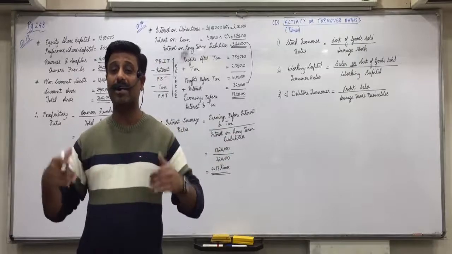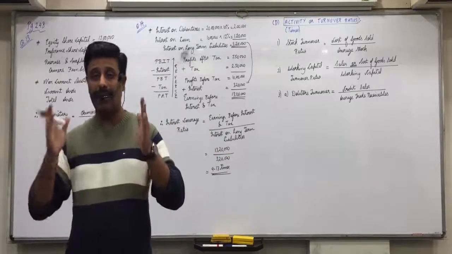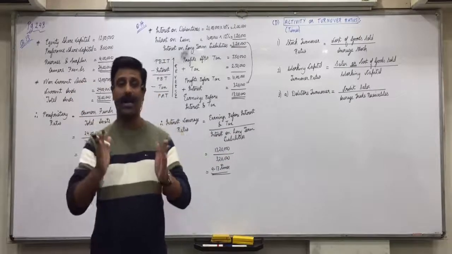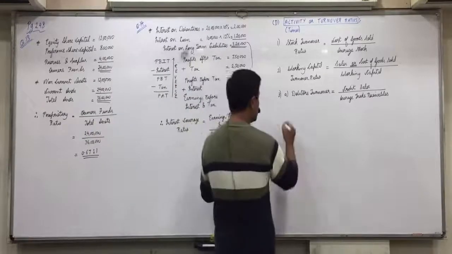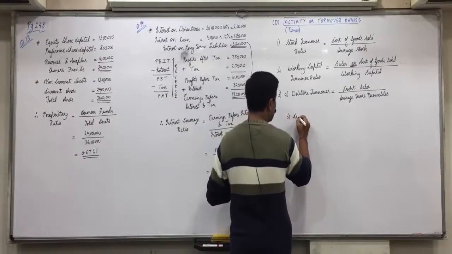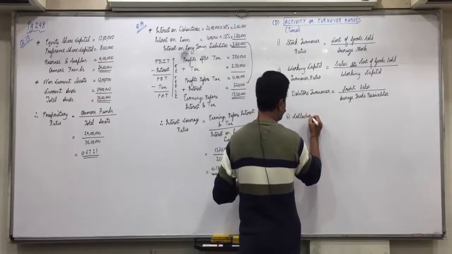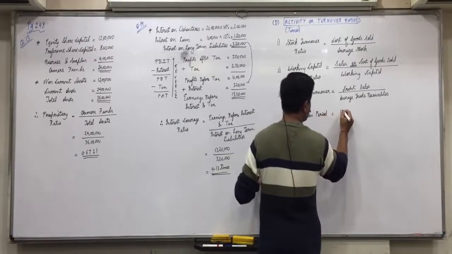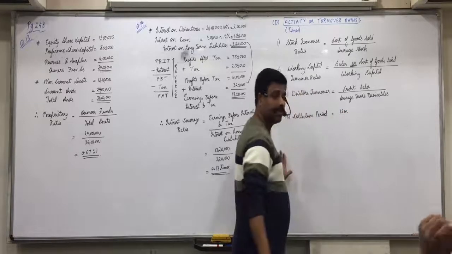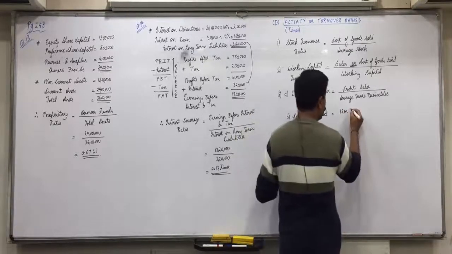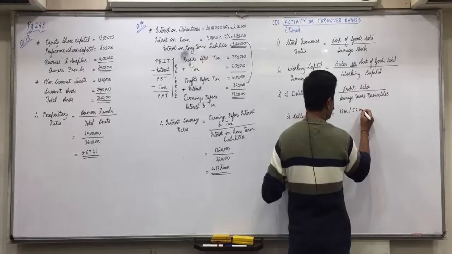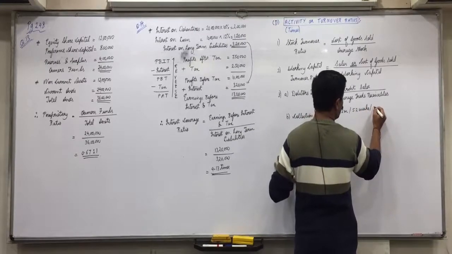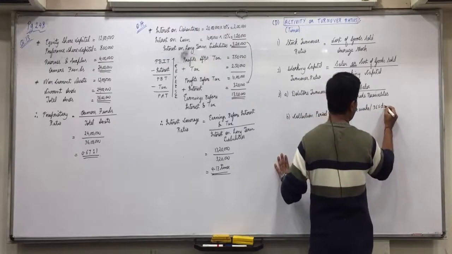What is of our interest? Collection period. Are we able to recover the money in time or not? So 3B. How do we find this collection period? If you want to find it in months, then 12 months. If you want to find it in weeks, then 52 weeks. If you want to find it in days, then 365 days.